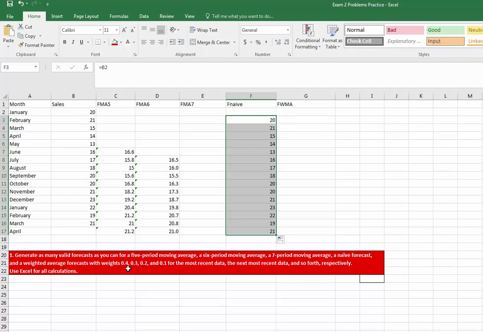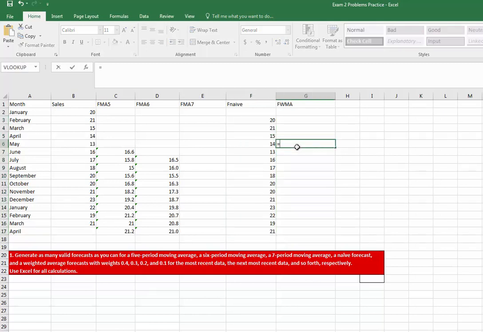And then the weighted moving average has 4 weights. So you treat that sort of like a 4-period moving average. In fact, that's what it is. And so we'll have to have 1, 2, 3, 4, so we'll have to have April's data. So we'll be forecasting out here in May. There's no real function that you use here. We're just going to have to add them up.